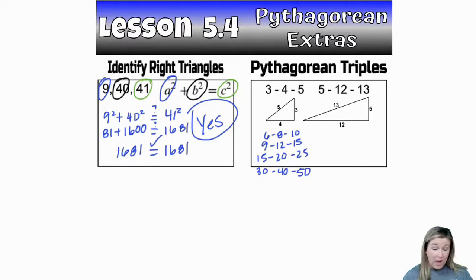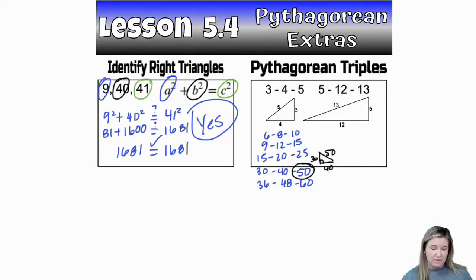Multiply by 12, 36, 48, 60. All of those are going to be right triangles. And for a missing side length, if you have a right triangle with two side lengths of 30 and 40, guess what the other side is going to be? 50. These are your cheat codes right here.